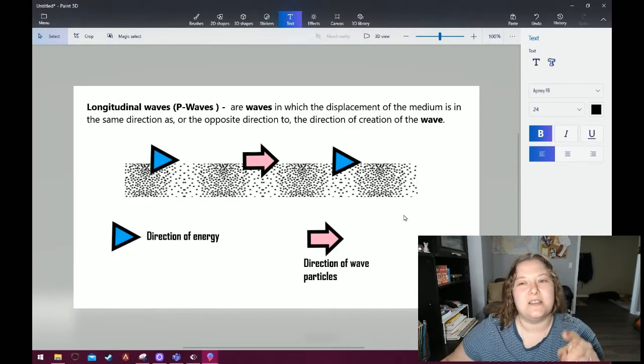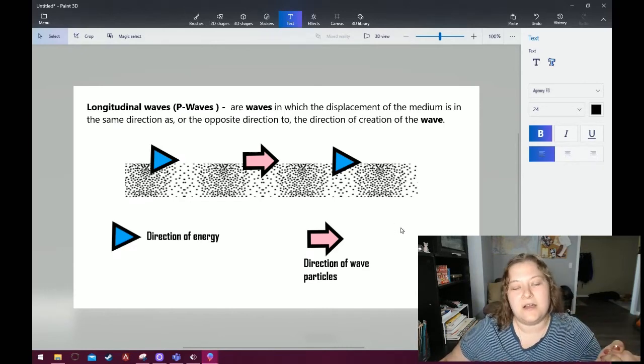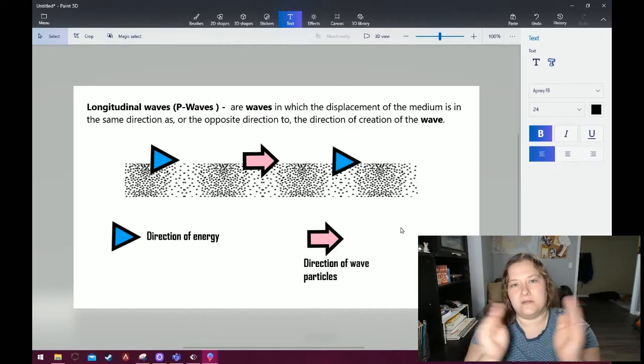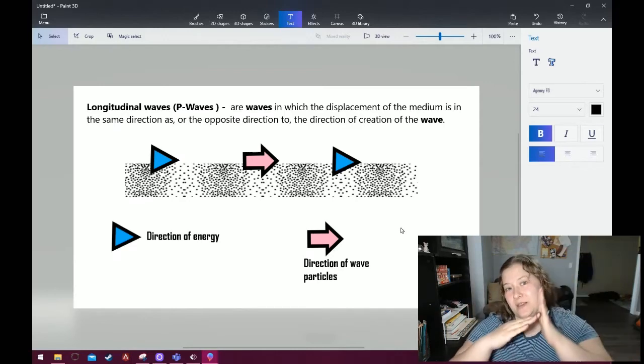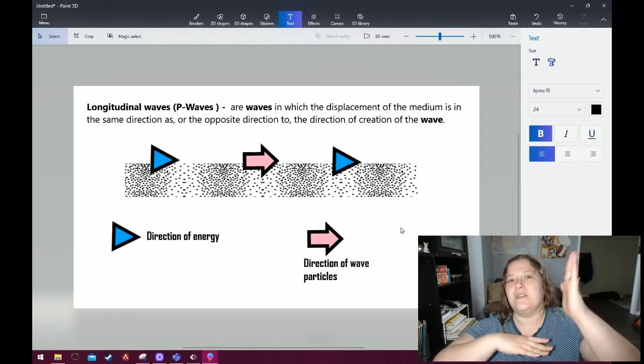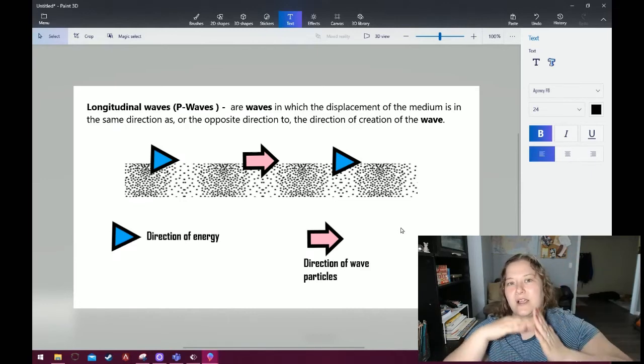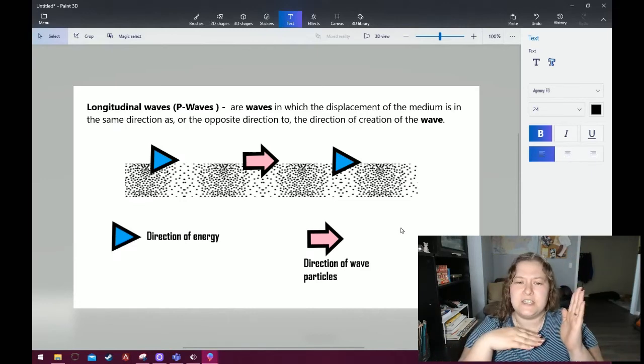And like I said, there are other waves too, but it all has to do with the direction of the particle. So sometimes they're back and forth, parallel to the energy. Sometimes they're perpendicular, which is a 90-degree angle from the direction of the energy.